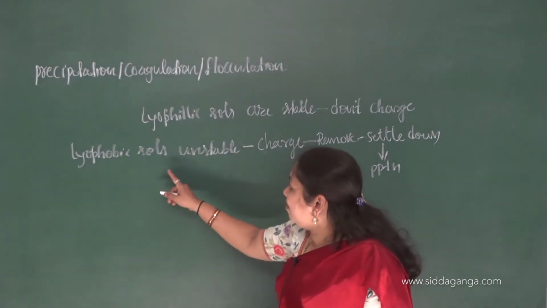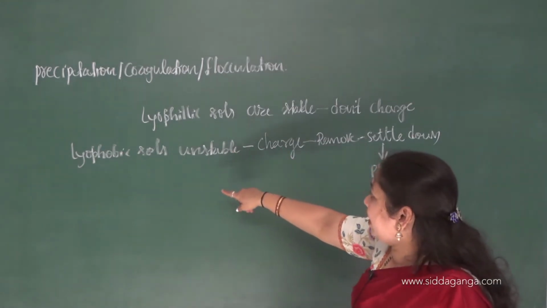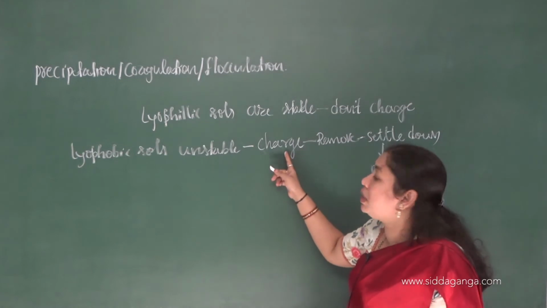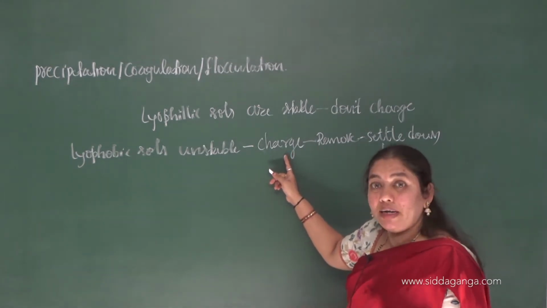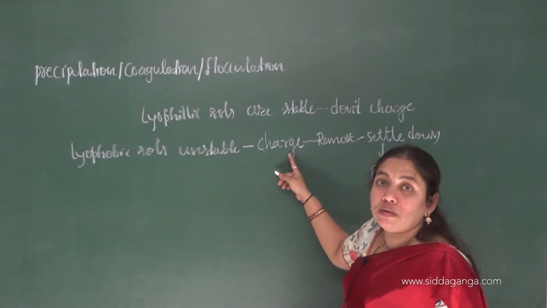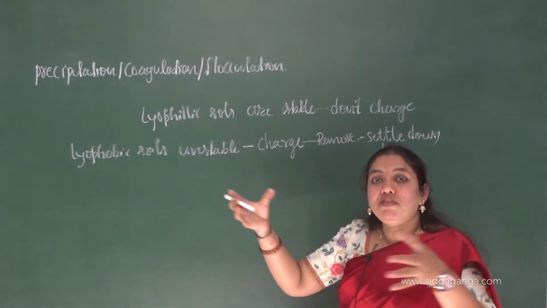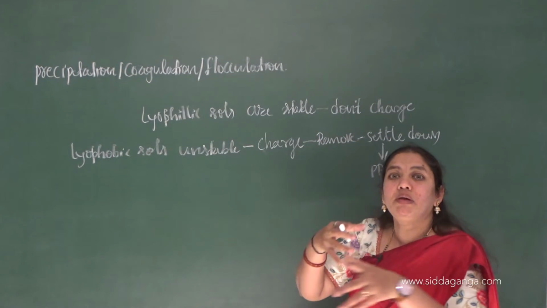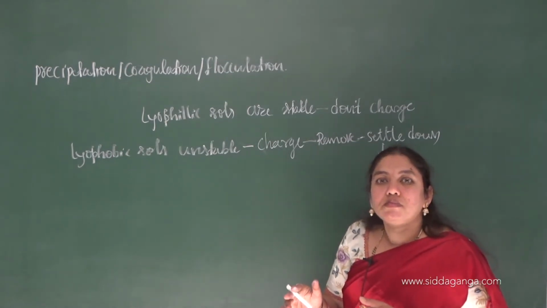So the stability of lyophobic sols is mainly because of the charge. They are unstable, but whatever stability they have is mainly because of their charge. So if you remove the charge by some method, what happens? If there is charge, then only they will be moving because of repulsion between the similar charges, right?